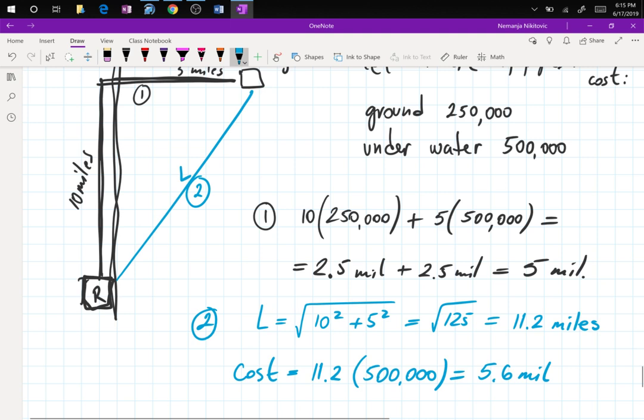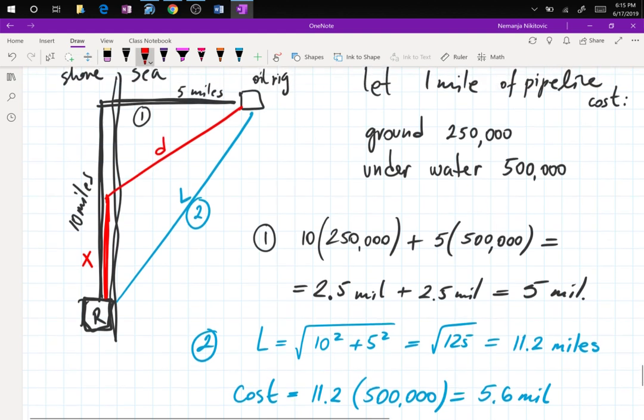Sure. How about we go with the red path for some distance, some unknown distance x, up the shore, and then cut through the water with some unknown distance d. So I don't know x, I don't know d, but for sure I would love for this to be the minimum cost.